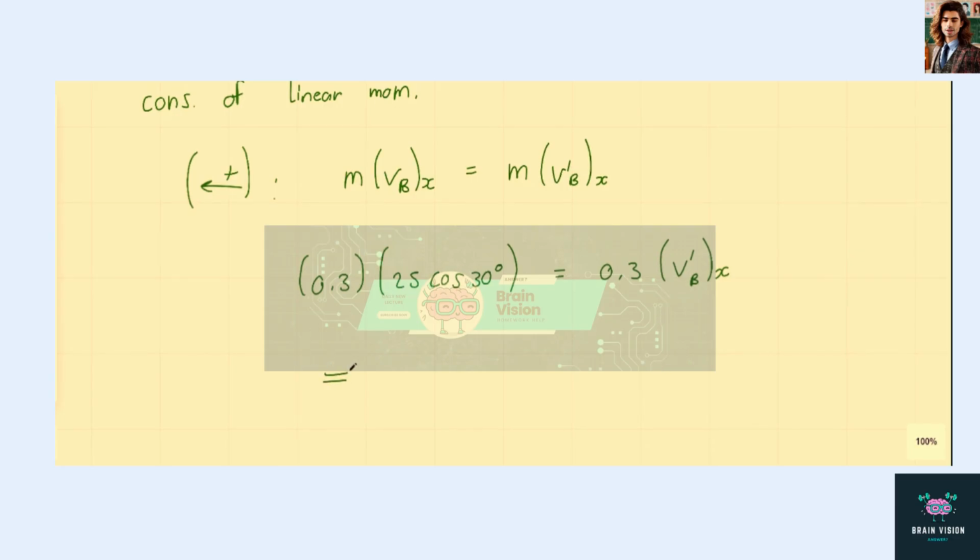Since we have only one unknown, we can rearrange this equation and find the x component of the ball's velocity after it rebounds. And this is 21.65 meters per second. And that's positive, so that's to the left.